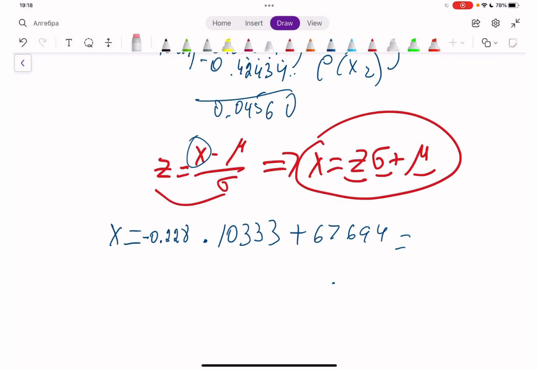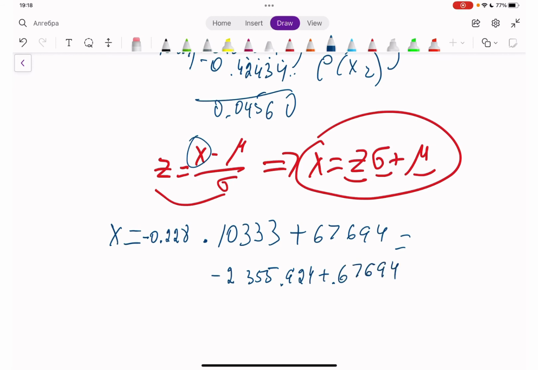So 0.228 times 10,333. So we are getting negative 2,355.924, and then plus this 67694.